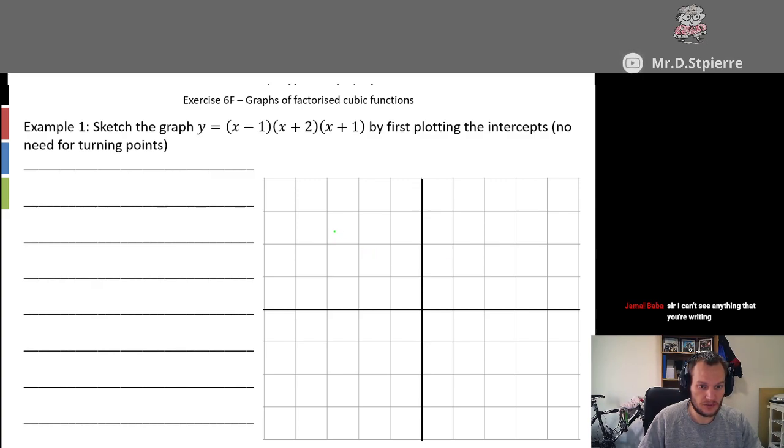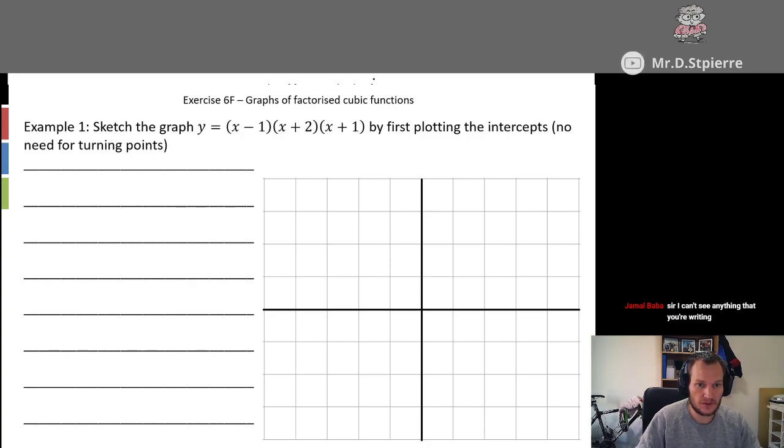Okay, so I'm going to label those quickly: (-2, 0), (-1, 0), and (1, 0). Okay, so from here, we could have 2 different types. I'm going to do little sketches up here, just to show the 2 main types we could have.